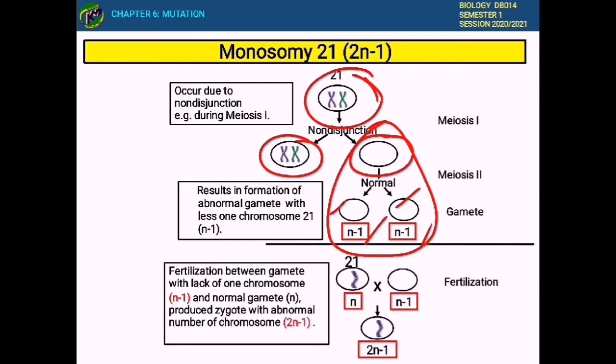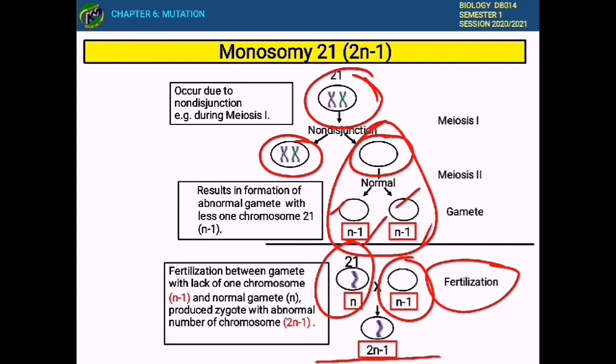When fertilization occurs, this abnormal gamete fertilizes with a normal gamete, so it will produce the zygote with 2n minus 1.